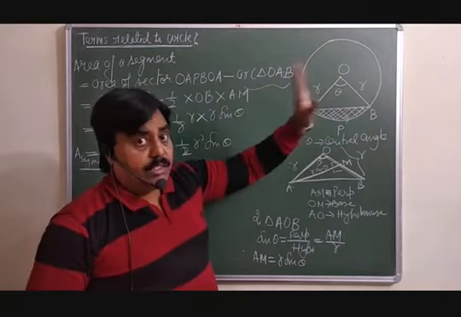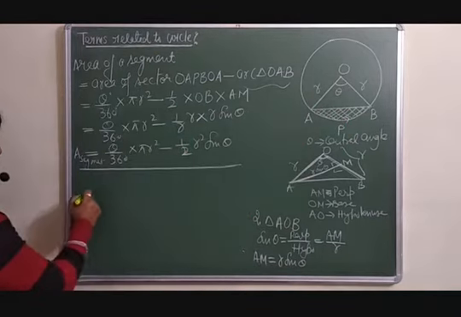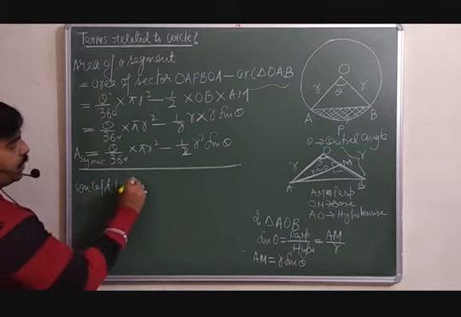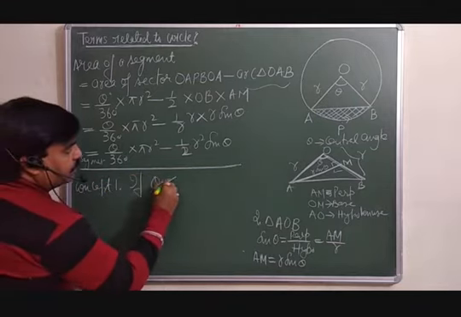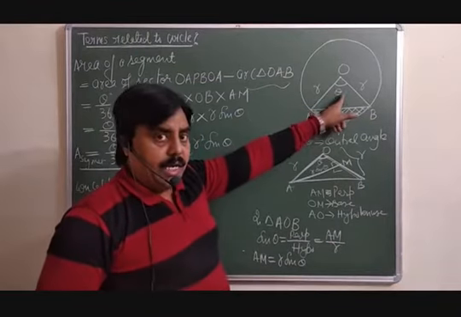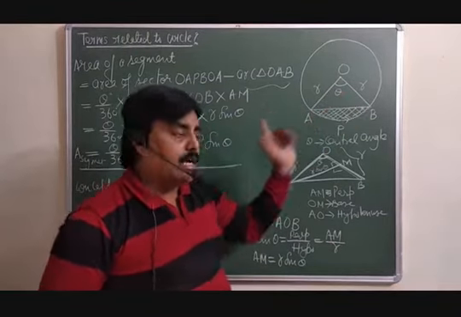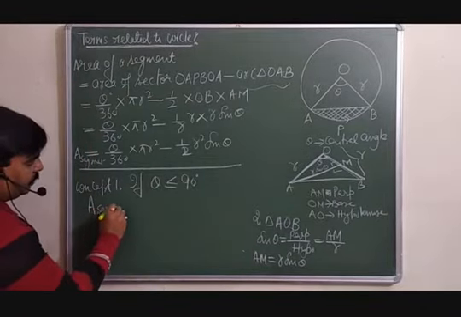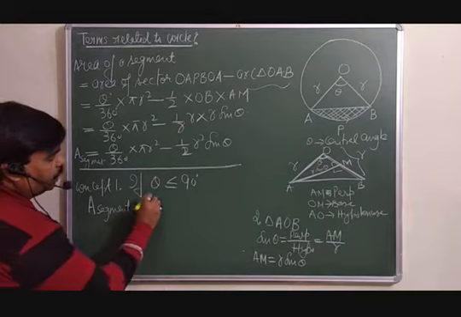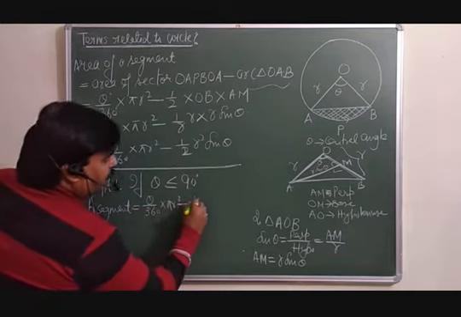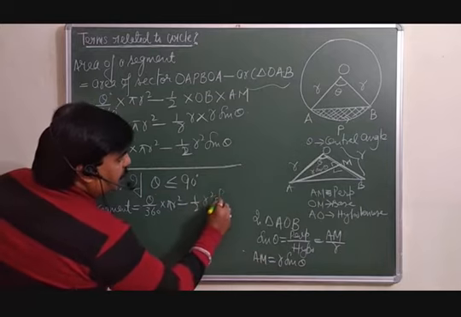Now there are two concepts. दो point हैं. That is concept one, it's very very important. If your angle theta, this central angle, is less than or equal to 90 degrees, अगर आपका 90 या 90 से कम है, then for the area of the segment you can apply this formula directly: theta over 360 into pi r square minus 1 over 2 r square sin theta.